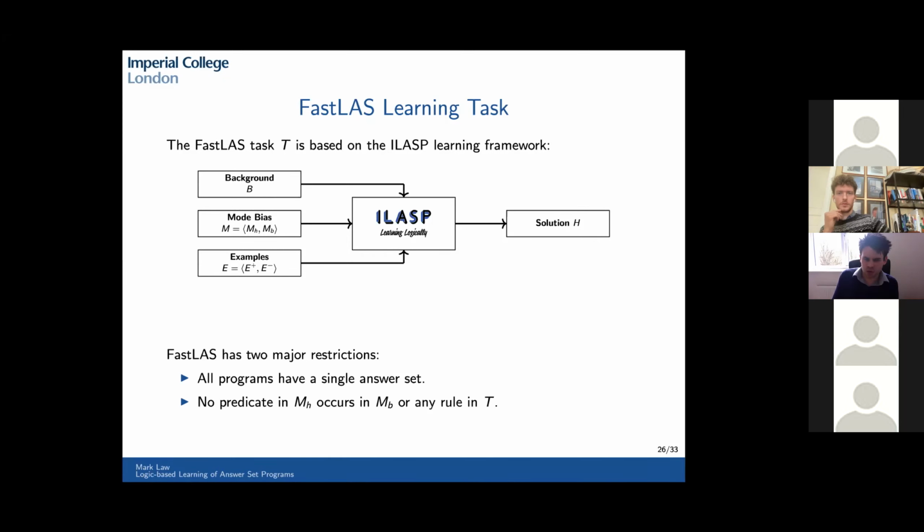And no predicate in the head of a hypothesis rule can occur in the body of any rule in the hypothesis or in any rule in the rest of the task. Now, this is quite a restriction because it means that we can't do things like learning recursive definitions, doing predicate invention, or doing what I mentioned before, which is non-observational predicate learning.